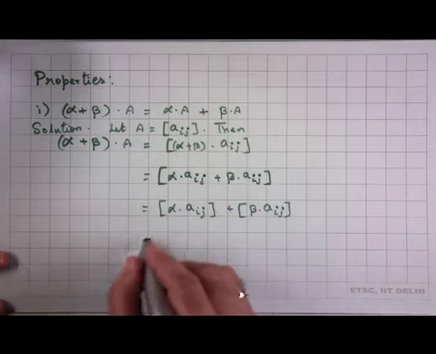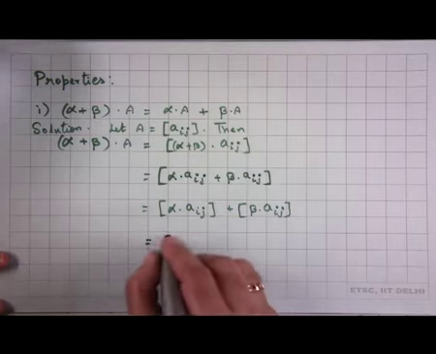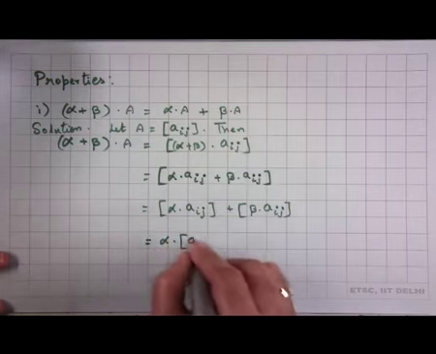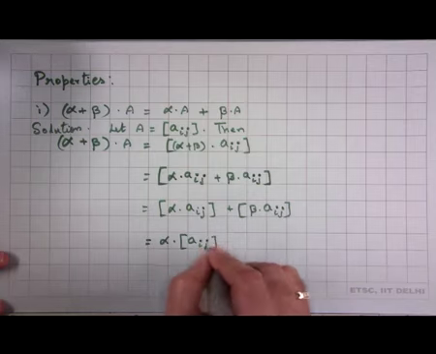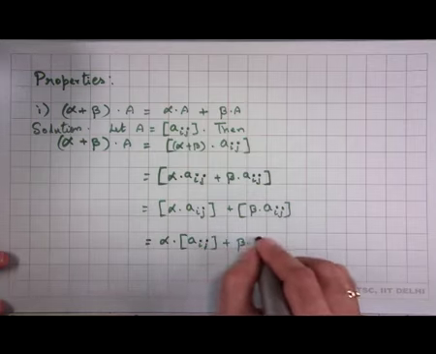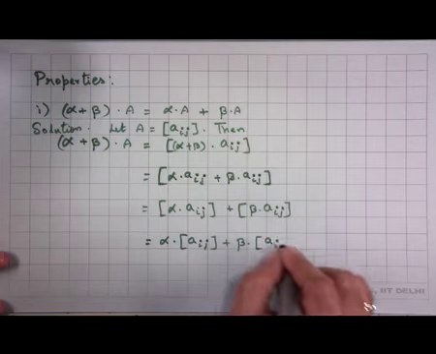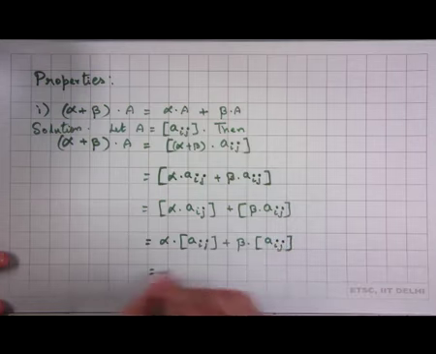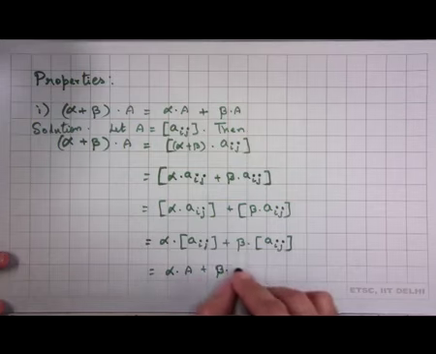Again by the definition of scalar multiplication, this is alpha dot A plus beta dot A.